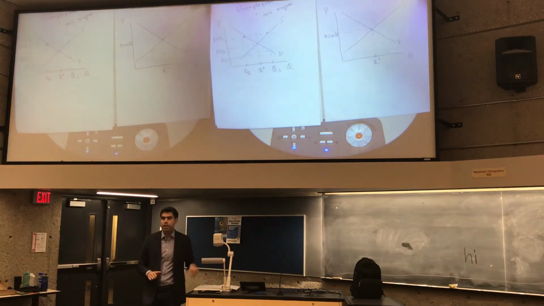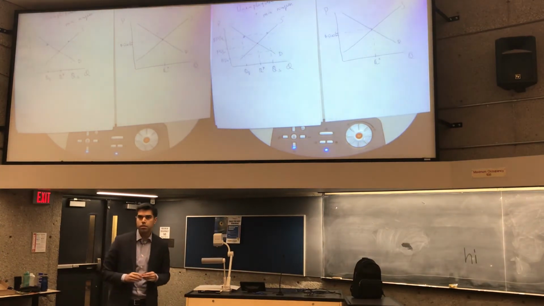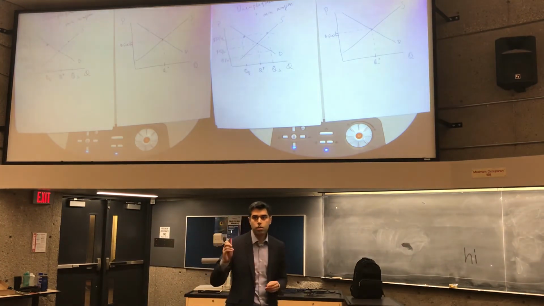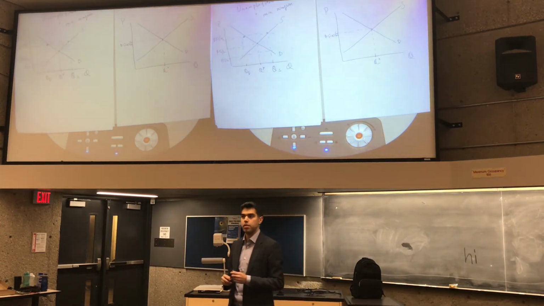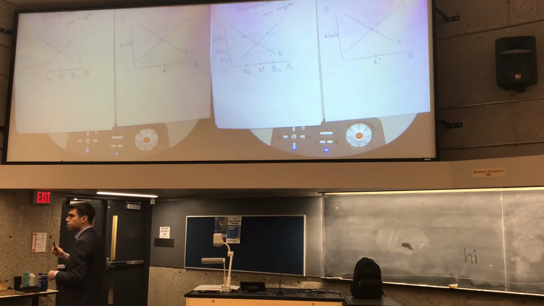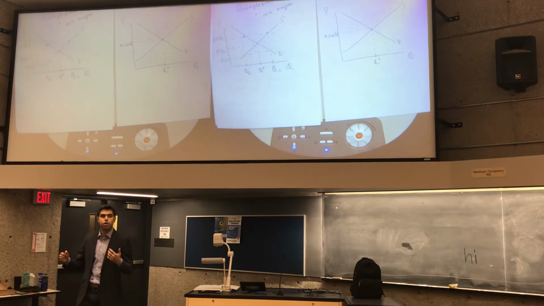If the prevailing rent is $500 per month, and the government says, okay, you can't charge more than $1,000 per month. The prevailing rent is $500 per month. The government says you can't charge more than $1,000 per month.